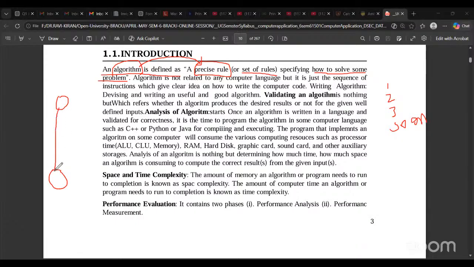Here the transportation can be a non-stop bus. It will start from the source and reach the destination. It doesn't stop anywhere in the middle. Directly it goes to the final destination in one single step. So here the algorithm has only one step.